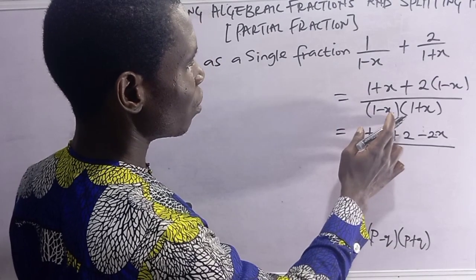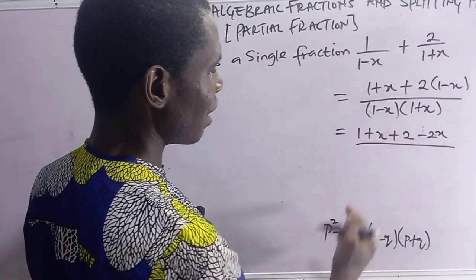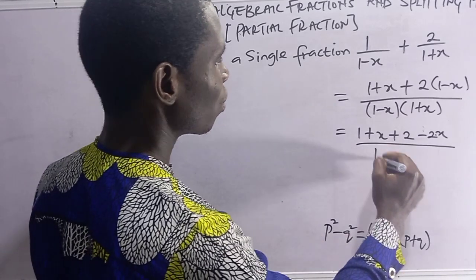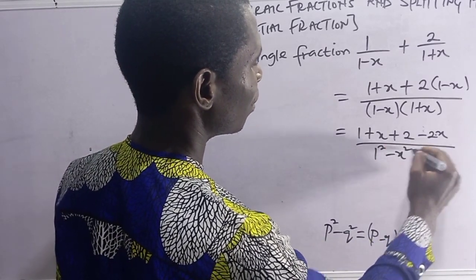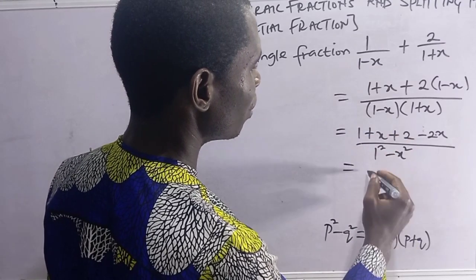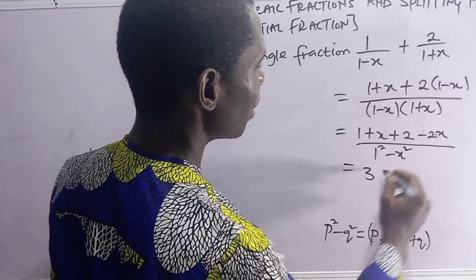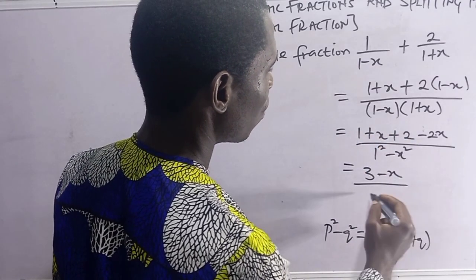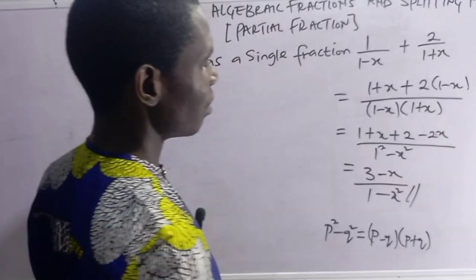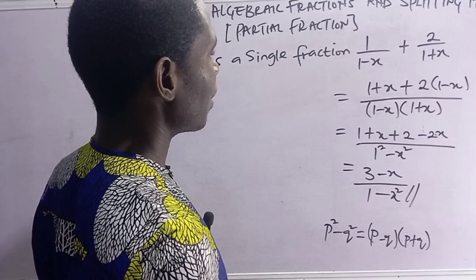So 1 minus x, 1 plus x is the same as 1 squared minus x squared, the difference of 2 squares. So we have 1 squared minus x squared, and the numerator gives us 1 plus 2, which is 3. x minus 2x is minus x, all over 1 minus x squared, and that's the final answer.